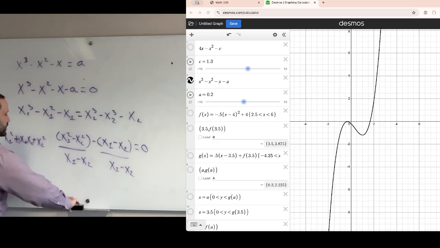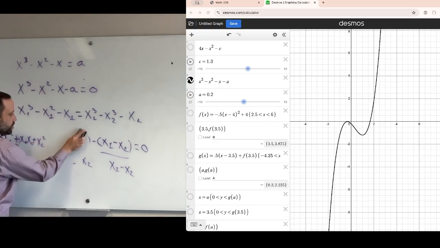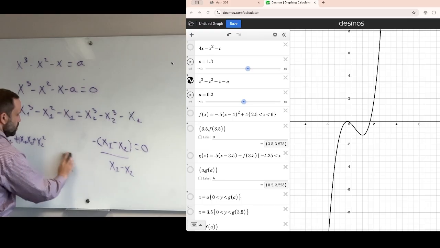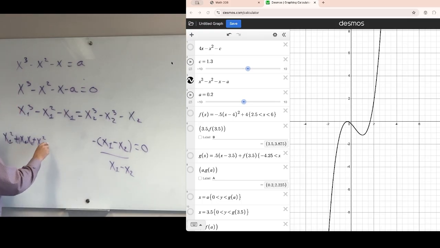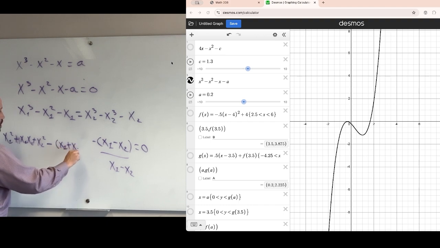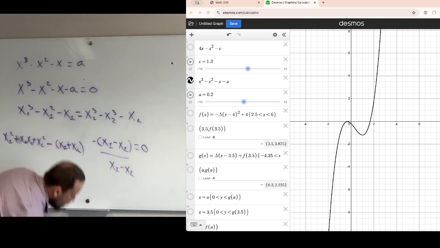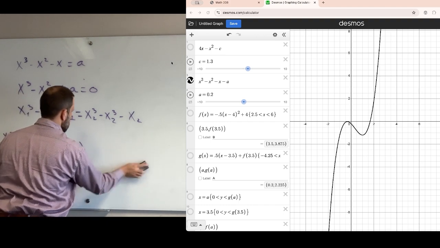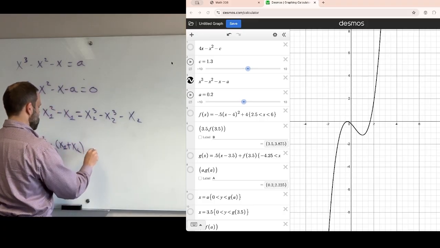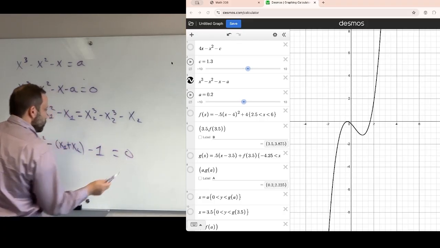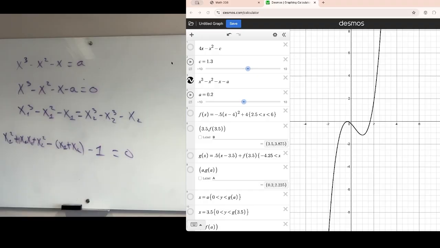And then for this term, we're just left with plus x1 x2, minus x1 plus x2. And then over here, we're just left with 1. That's equal to 0.